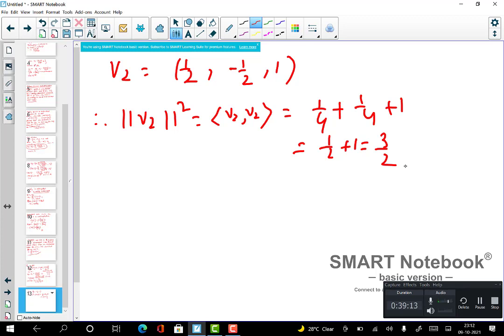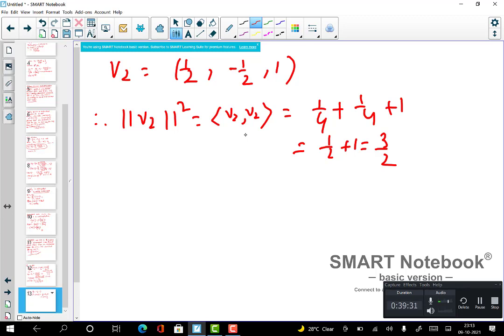So norm of V2 square equals 3 by 2. This is obviously not norm 1, so V1 and V2 are not orthonormal, they are only orthogonal, okay?